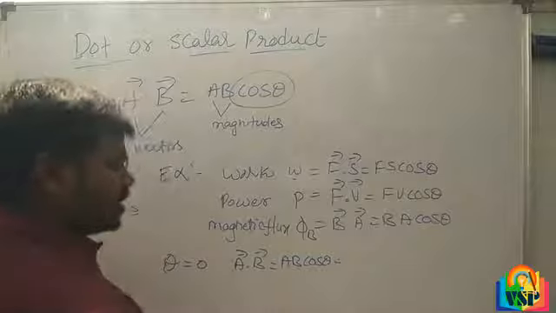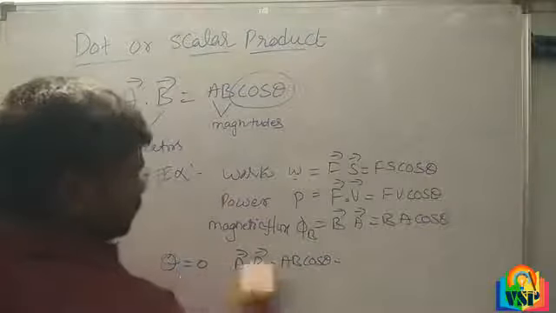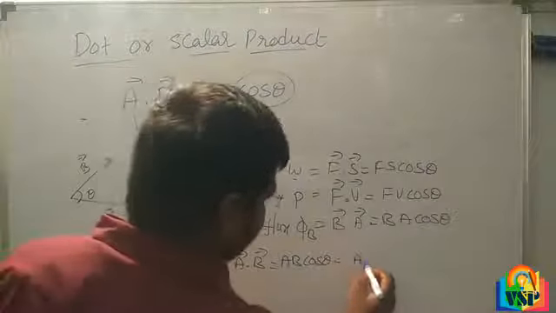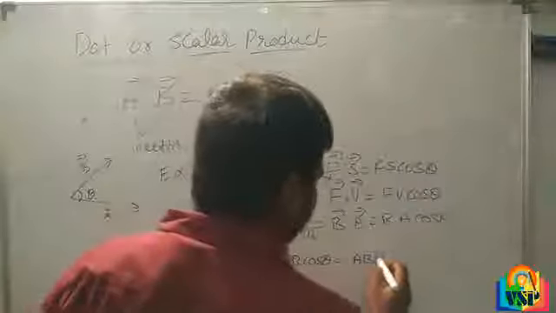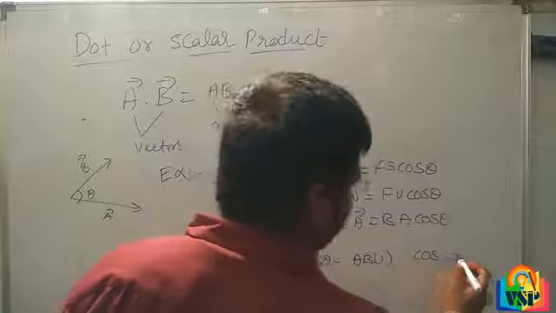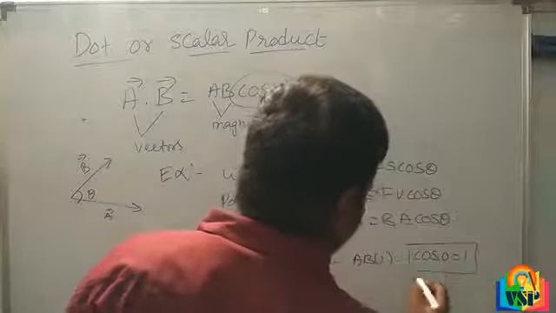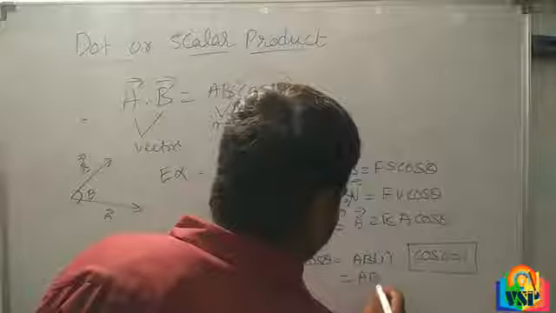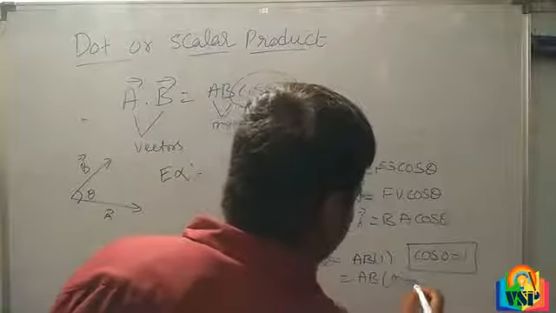Cos 0 is equal to 1, so we get AB into 1, which is AB. You get the maximum value.